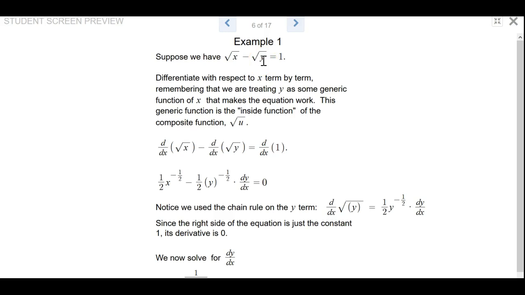My outside function is that power function with the exponent 1/2. And my inside function is y of x. So I find the derivative of the power function, and this is this factor, evaluated at the inside function, times dy/dx, which is the derivative of the inside function, and then differentiating that constant term is 0.